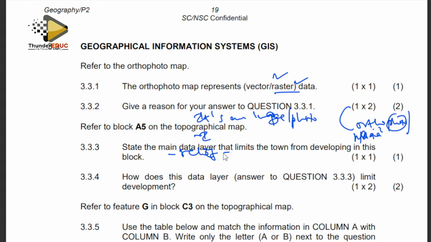How does this data layer mentioned above limit the development? Number one, if the area has contour lines close to each other, it means that area is steep. Therefore, it is difficult to construct on such a steep area, or it's difficult to build. But people build there. If you are to build there, that means you're going to use a lot of money.